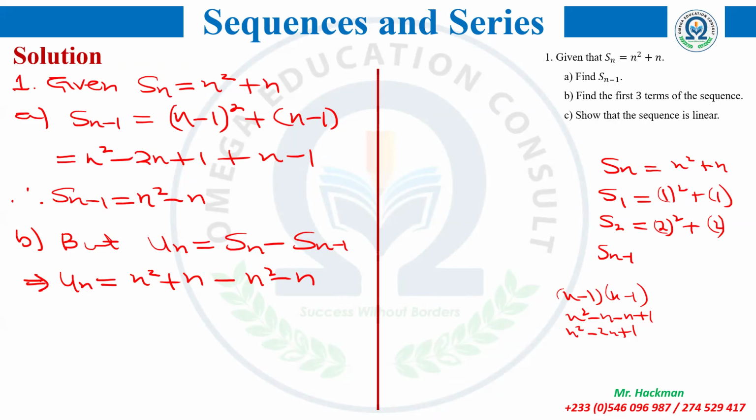No. Okay, what is wrong? Yes, please. I want to say that shouldn't it be n squared plus n minus, bracket open n squared plus n bracket close, bracket open n squared minus n bracket close.